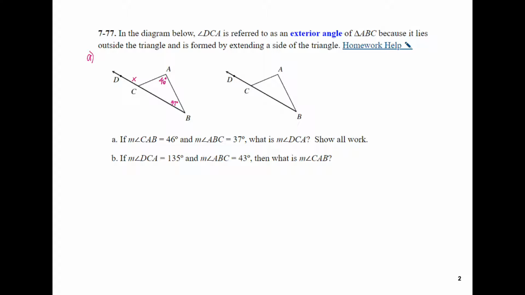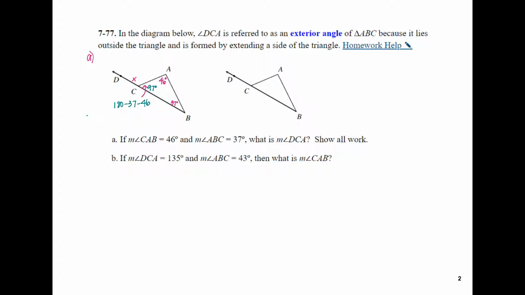So in order to find the measure of DCA, we first need to find the measure of angle ACB. So to find the measure of angle ACB, we can take 180, subtract 37 and 46 degrees, which tells us that this angle is 97 degrees because we know that all the angles in our triangle add up to 180.